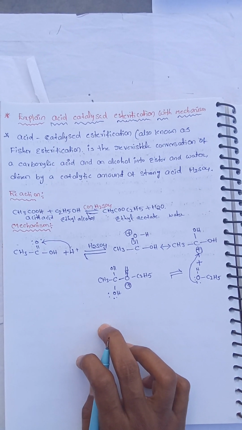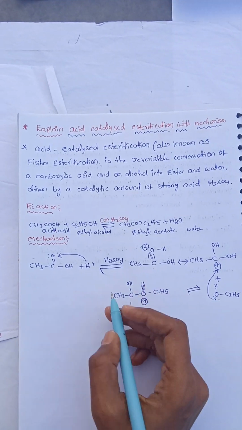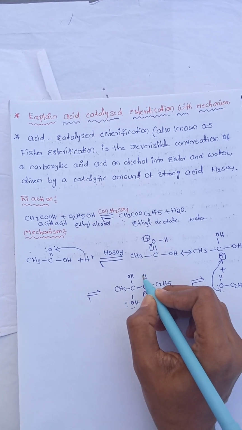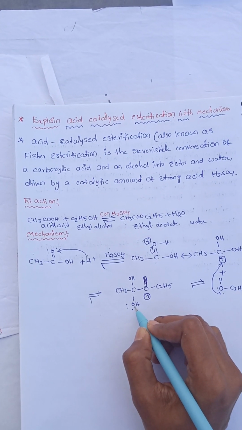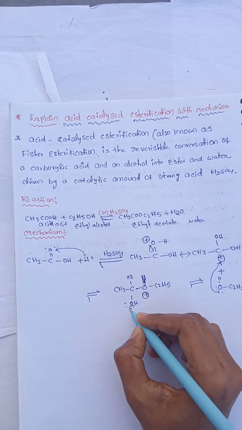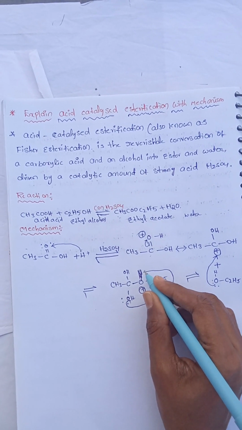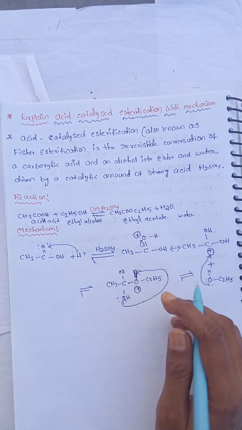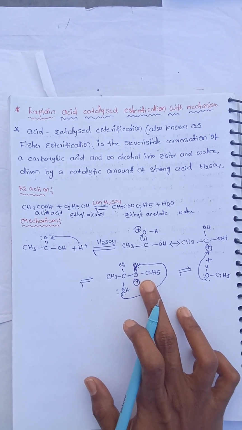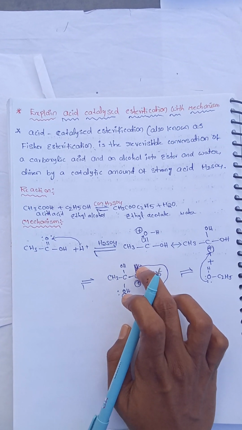Now what you have to do? Again you have to nullify this positive charge, that means remove this positive charge. This lone pair is attached to this hydrogen. That means you nullify this positive charge, so this lone pair should get attached to this hydrogen.